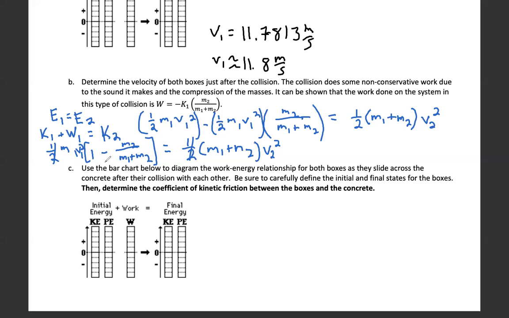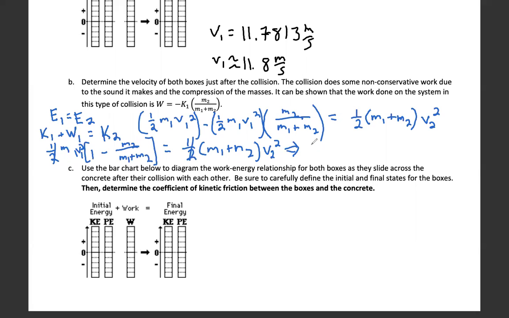And we can get rid of this 1 and turn it into m1 plus m2 over m1 plus m2. Then it would be m1 plus m2 minus m2, so now it's just m1.